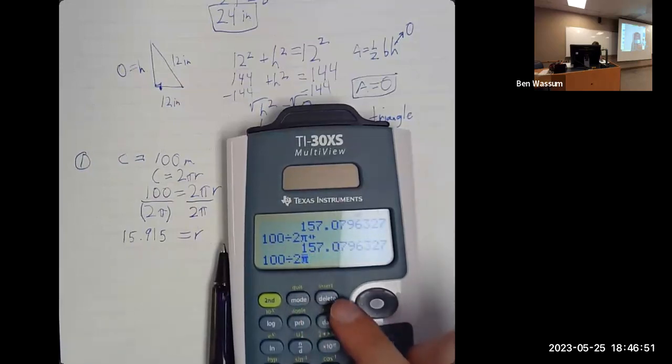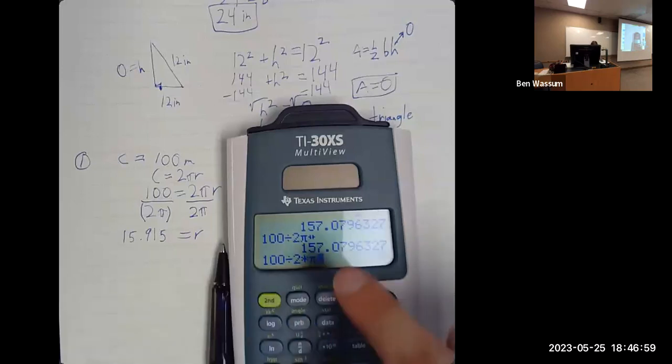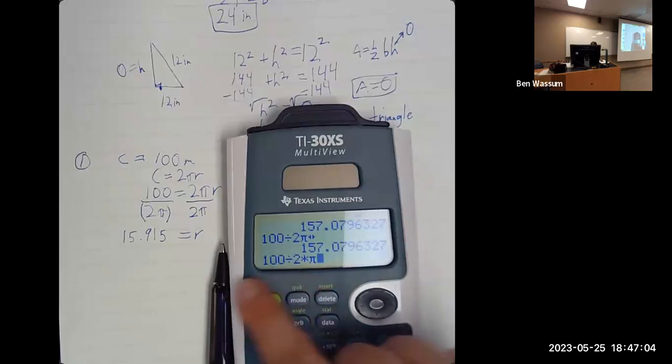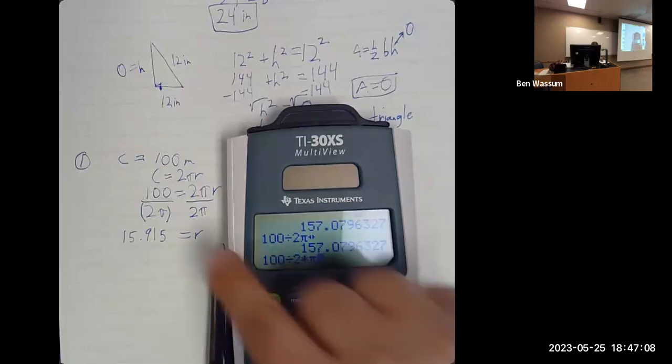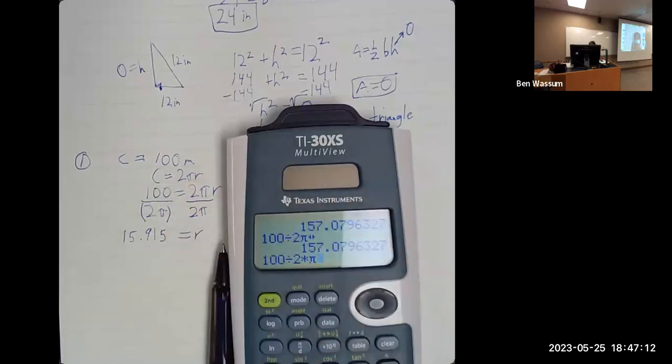The calculator interprets it as 100 divided by 2, and then takes that and multiplies it by pi. So the way the calculator interprets that can throw you off.